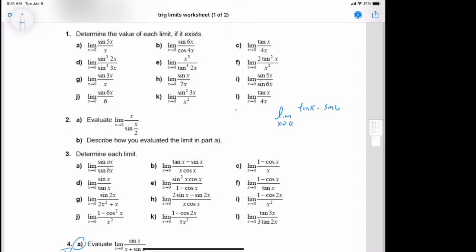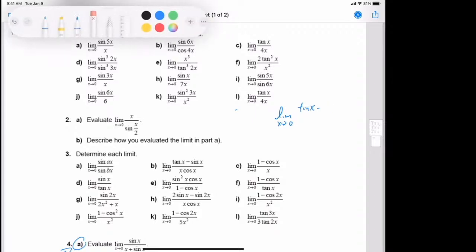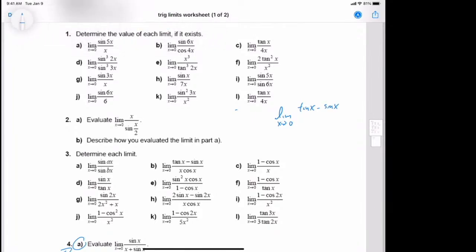And the other one is... Okay, I don't know how to do this question, so I'm just going to try.